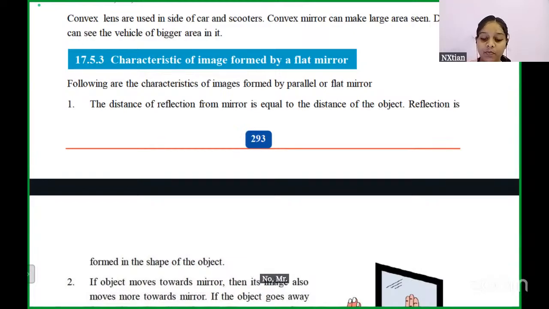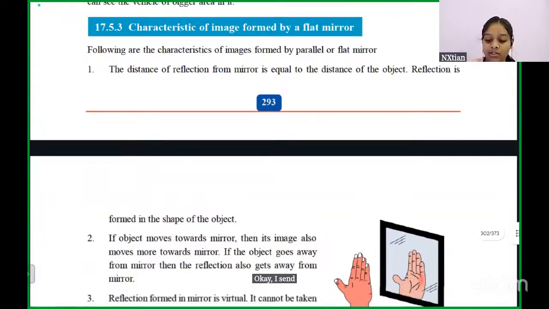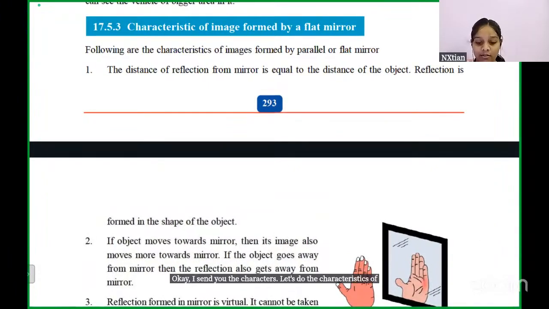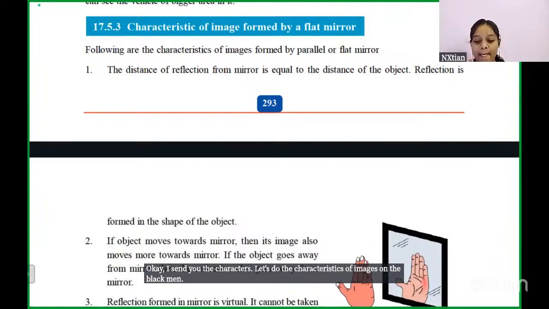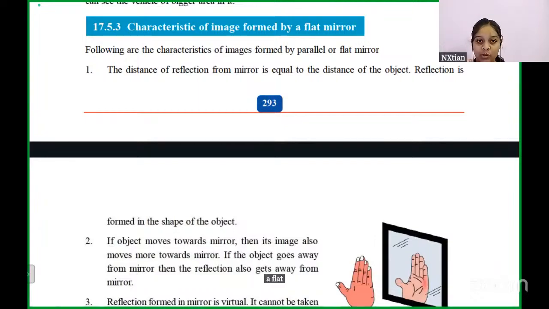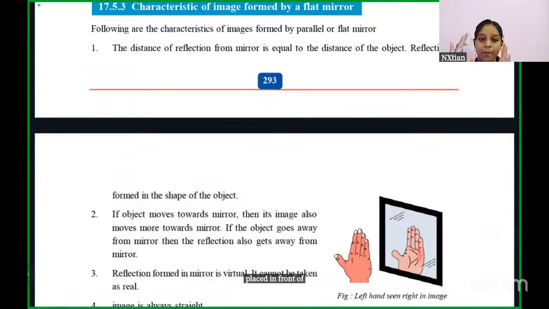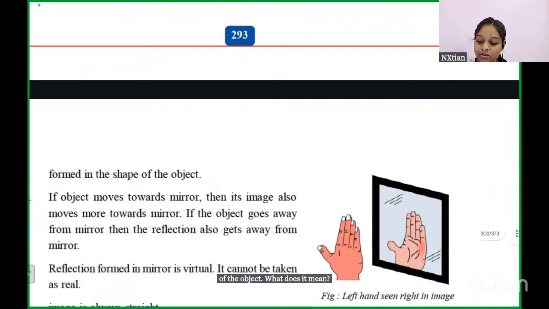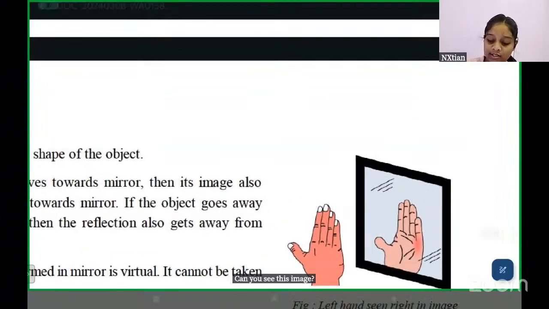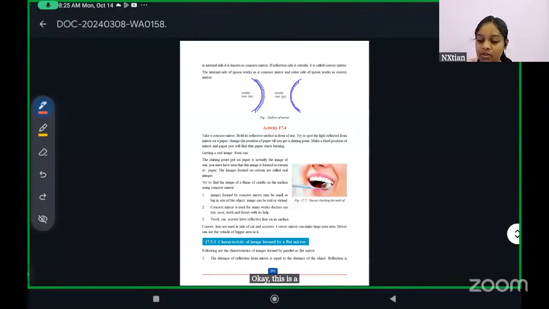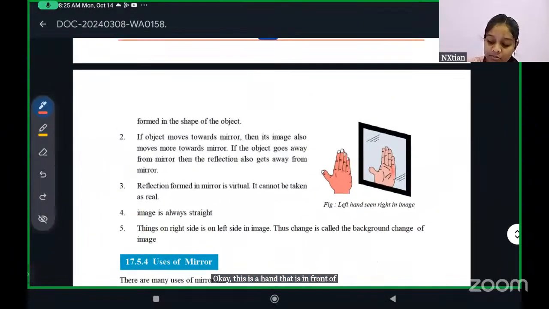Then let's do the characteristics of images formed by a flat mirror. What happens if an object is placed in front of a flat mirror? The distance of the reflection from the mirror is equal to the distance of the object. What does it mean? Can you see this image? This is a hand in front of a plane mirror.